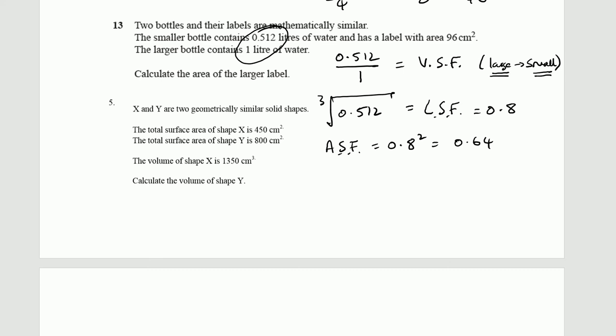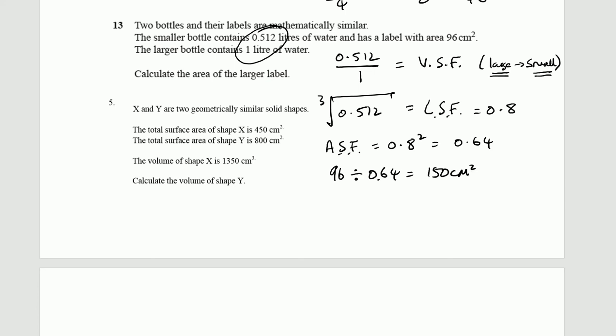I don't want to times this by 0.64 or it will get smaller too. To go from the small bottle to the large bottle, I must divide by this scale factor. So I've got 96 divided by 0.64 to do. And that's getting me 150 centimeters squared.